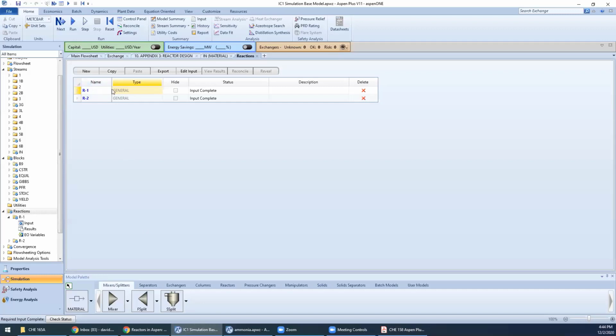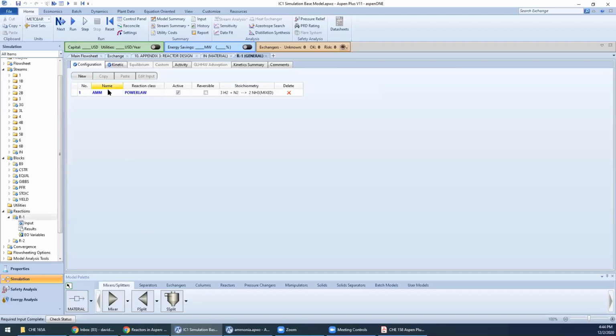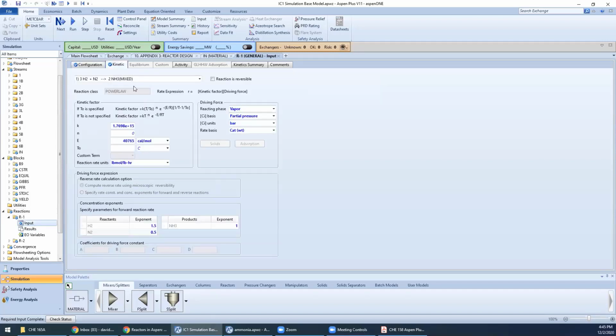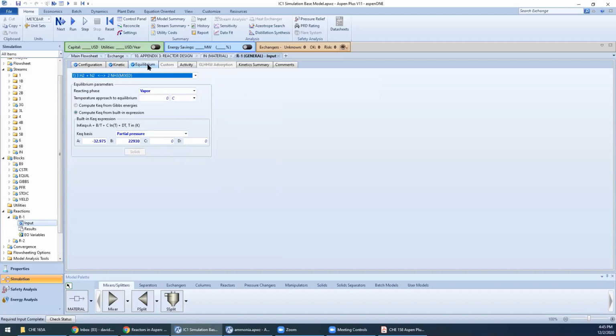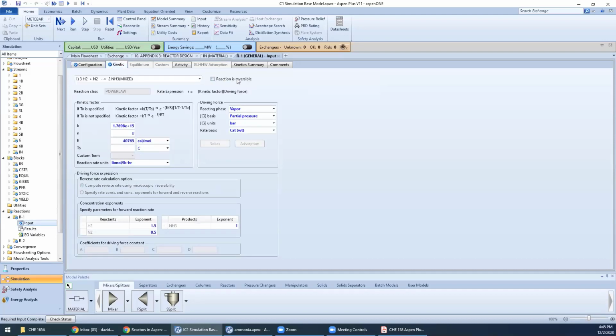So if we click on reaction one, look at the input, and you're going to have a kinetic tab. And if you click this box, reaction is reversible, then you get the equilibrium tab too. For now, we're just going to ignore that, or not consider it reversible for now.